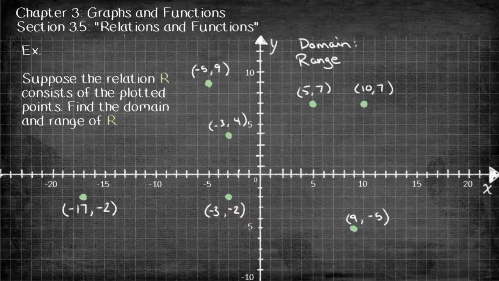Now we just need to write down the numbers that are in the domain. So I want to copy all of the x values that I see. And it doesn't matter what order they're listed in. However, notice that two of the points have the same x value. That's okay. We're not going to list it more than once. So each distinct x value is what we're going to list.